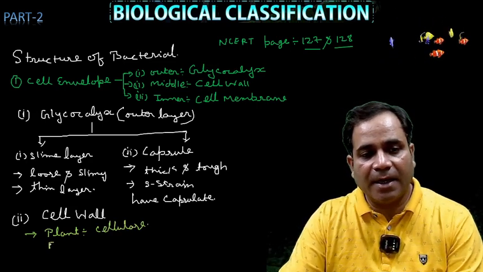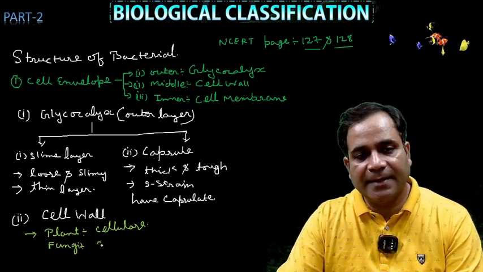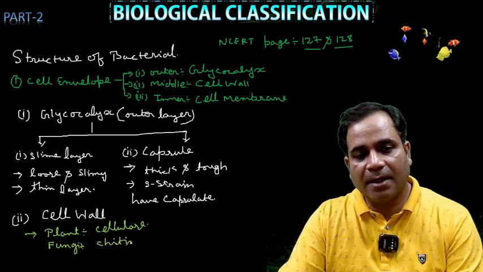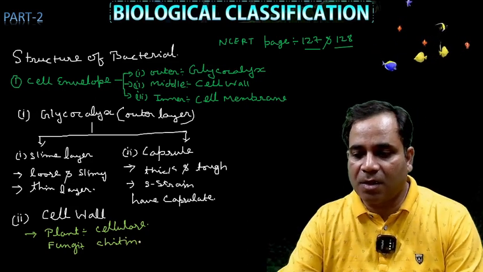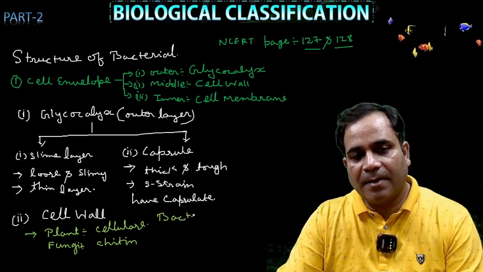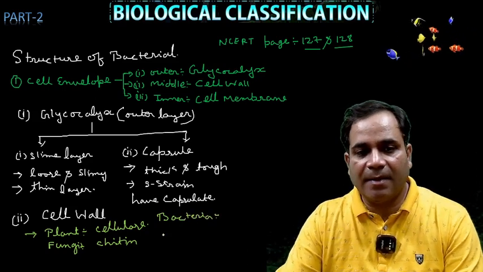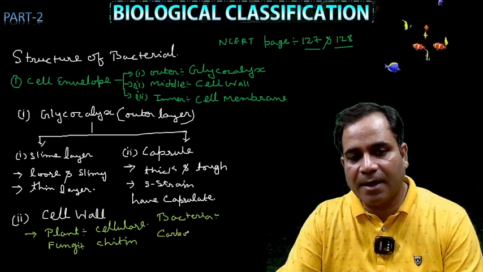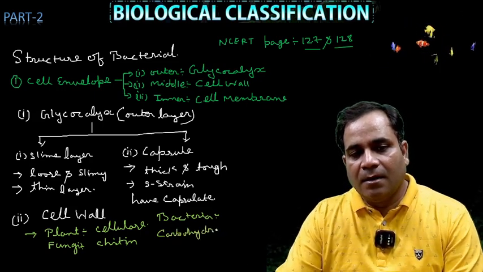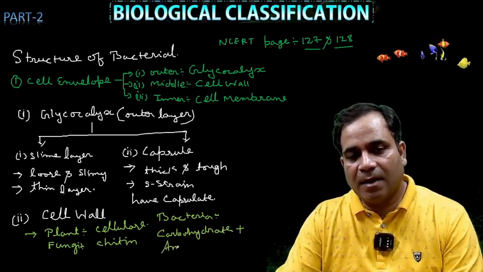But the fungi also have a cell wall, which is made of chitin. Now if I talk about bacteria, in bacteria they also have a cell wall. In bacteria it is made up of carbohydrate along with amino acid.